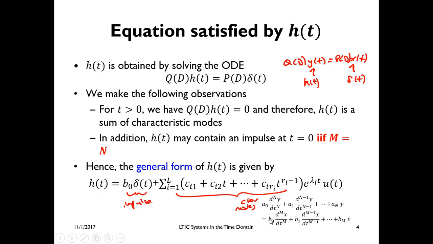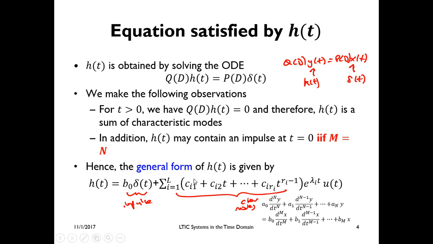Just to remind you, B0, the coefficient of the impulse function appearing in the impulse response, is in fact the coefficient of the leading order term of the differential operator acting on our input signal x. So in order to determine the full impulse response, we need to determine the remaining coefficients over here, which is to say what specific combination of the characteristic modes do we have for our impulse response.